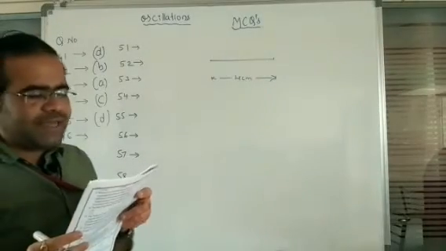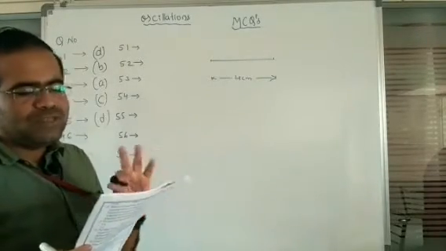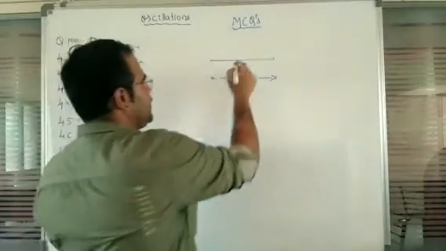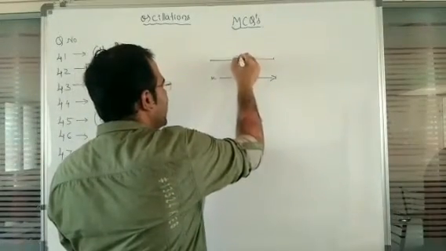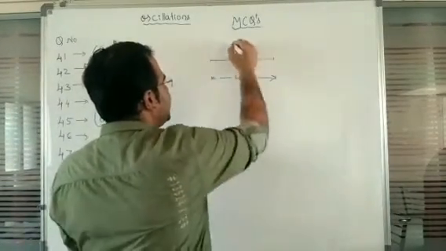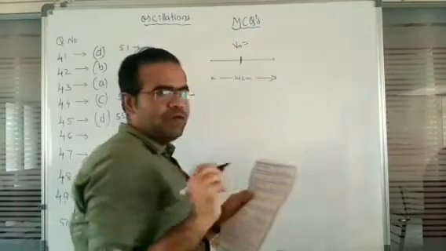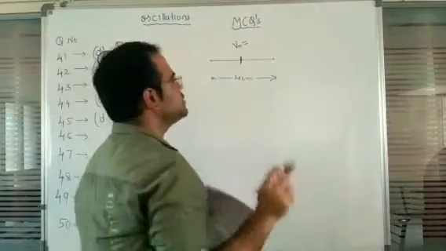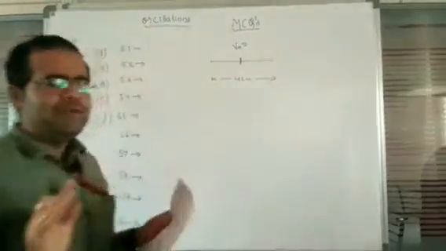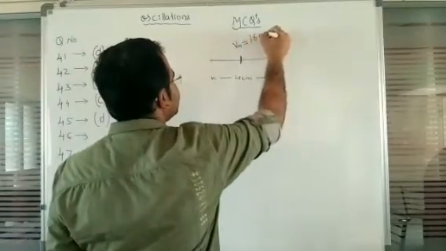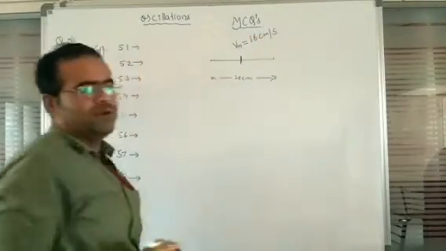Its velocity while passing through the center of the line, in the sense the maximum velocity. You have to remember, velocity is always maximum at the mean position. So the velocity is 16 centimeter per second.